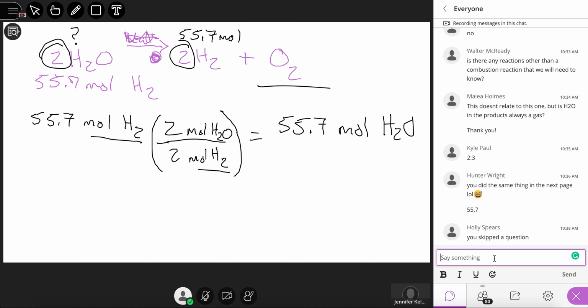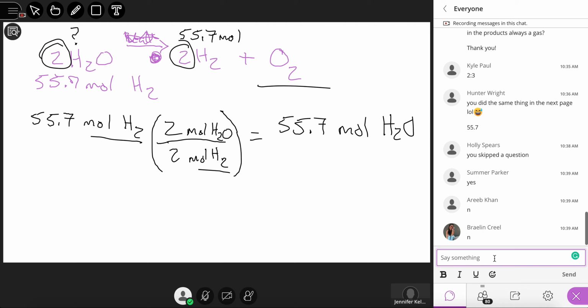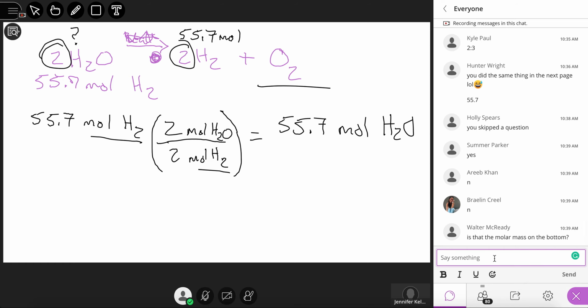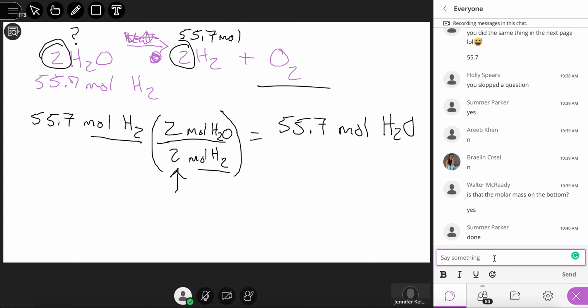All right. Anybody need a second on this before I go back to the one I just missed? Or just skipped? Yep. Okay. Just let me know when you get ready, Summer. You mean the 2 right here? That's actually the coefficient. Thanks, Summer.